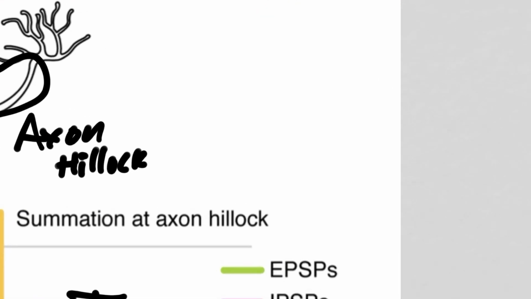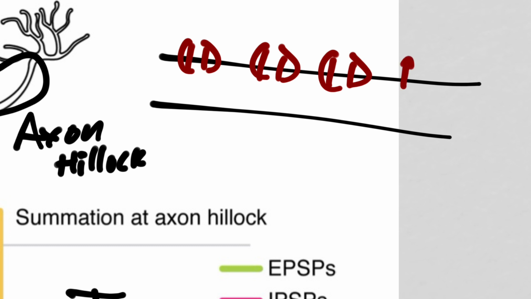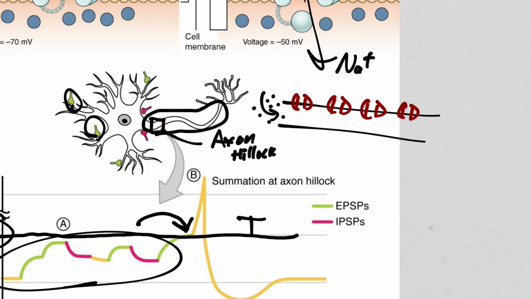Because what ends up happening is, right, if this is our axon hillock, and we have a lot of these voltage-gated sodium channels inserted in the axon, as soon as you hit threshold back here, right, because you have sodium ions coming in from those synapses, the sodium that you released back here at the synapse diffuses to the axon hillock. That's what makes you hit threshold.